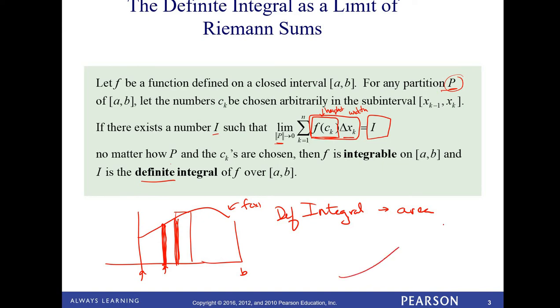Just like you did with your derivatives, you kept getting closer and closer to the point until you found an actual derivative. So we're doing the same thing with our areas. We're making our rectangles skinnier and skinnier until we find an actual area.